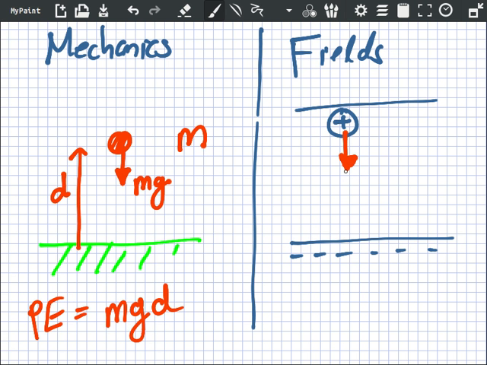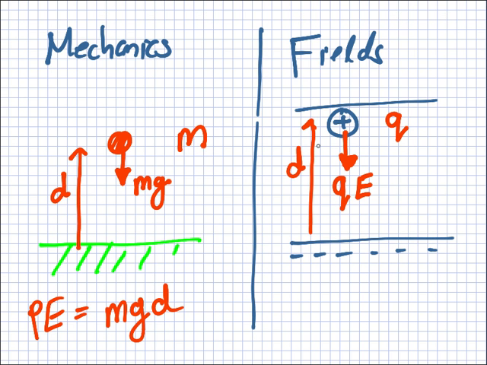Remember the formula. F equals EQ. So that would be F equals EQ, or I'll just write QE. And this particle has a charge Q, and there's a distance here, D.